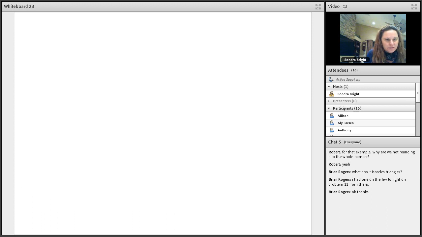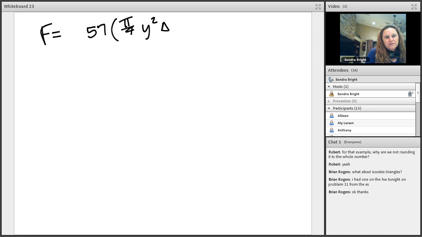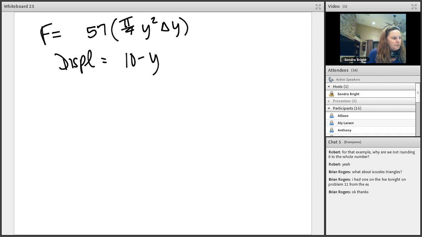So the force, let's go to the new slide. Your force is going to be the 57 times the pi over 4 y squared delta y. And then for each of those little slabs, the distance is changing, depending on where you are on that slab. It's going to be going all the way up to 10. And so that distance, or displacement maybe is a better way to say it, will be 10 minus y.